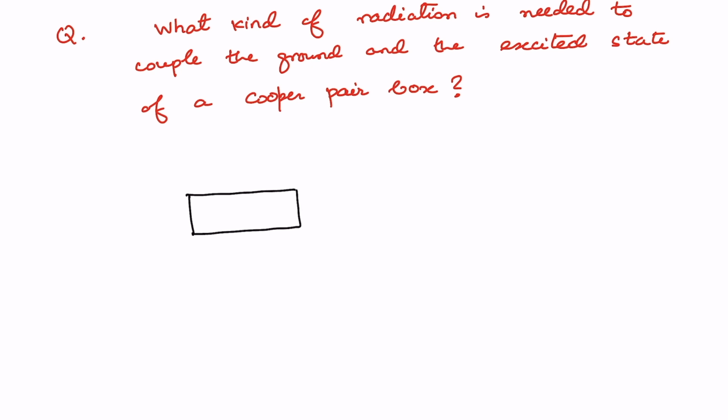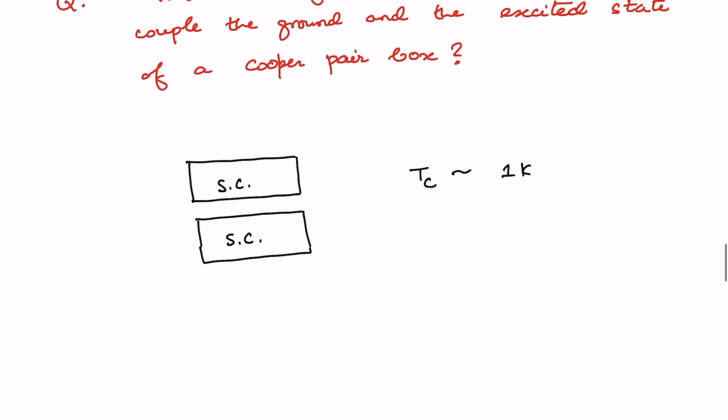These superconductors are generally made of aluminum, and for aluminum, the critical temperature Tc is on the order of 1 Kelvin. If you want a very effective superconductor, the operating temperature is kept much below the critical temperature, around 20 millikelvin.